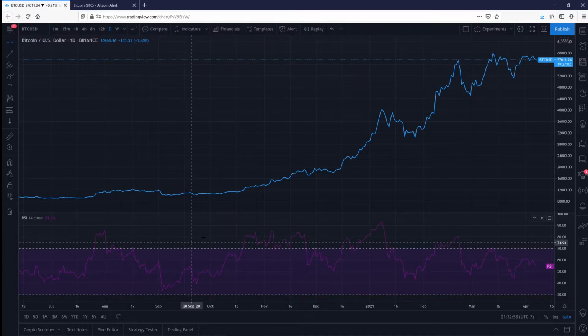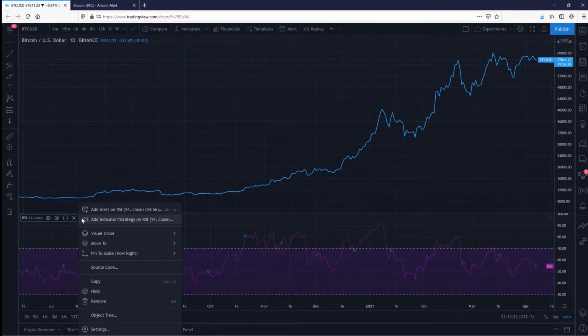And the same way, there's no cross of either of these two oscillators. So you wouldn't make some trade based off of one crossing the other. And that's because they're on two different scales. But what they've done on altcoin alert, on their sentiment charts, is they've added one on top of the other.